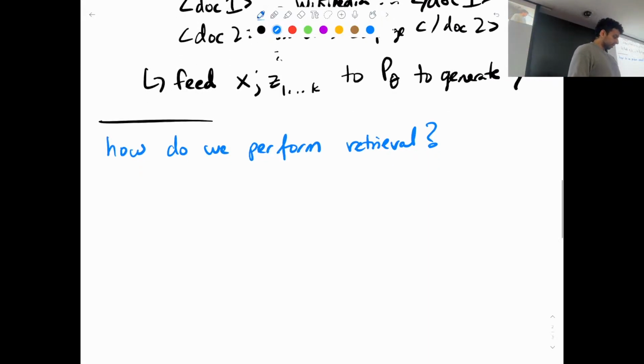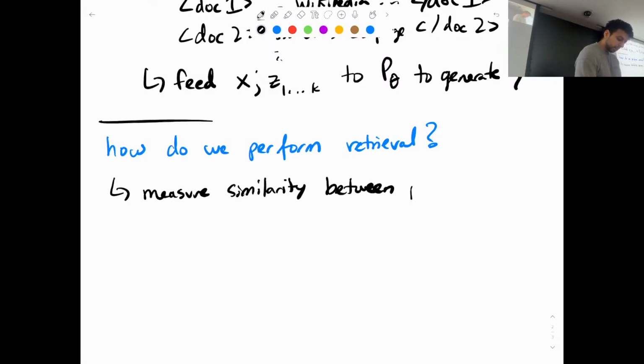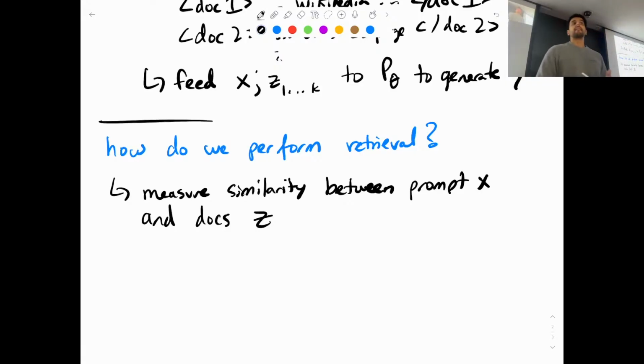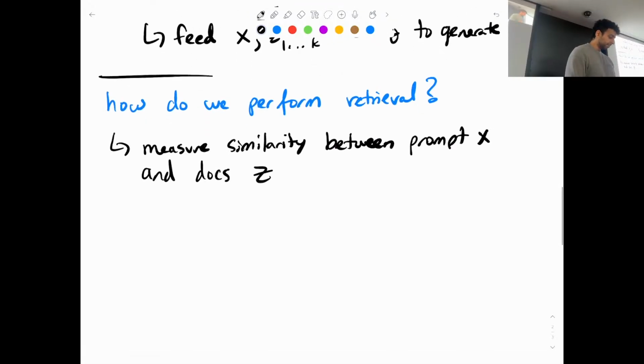Okay, so at a high level, we want to measure the similarity between the prompt X and the documents Z. And remember, we have a huge number of documents, potentially hundreds of millions or billions of documents at the largest scale.